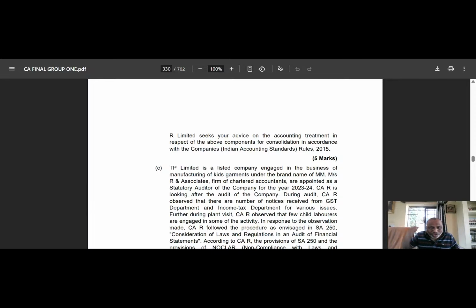In view of the above, R Limited consolidated its components on a line by line basis by adding together like items of assets and liabilities, income and expenses, and cash flow, while preparing consolidated financial statements, which is correct for the subsidiaries.